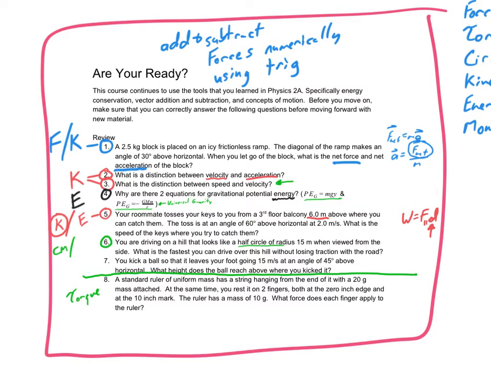This phrase, losing traction with the road, there's some buzzwords in there. What is traction? Traction means that you have a force interaction between the car and the ground, specifically a contact force. Okay. So what is this talking about?